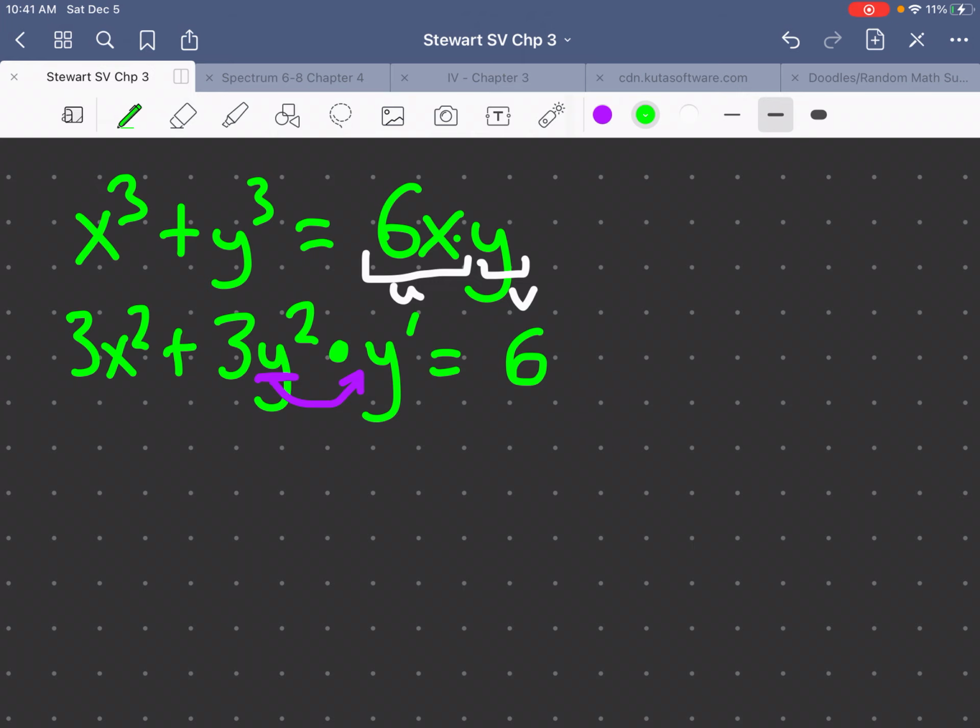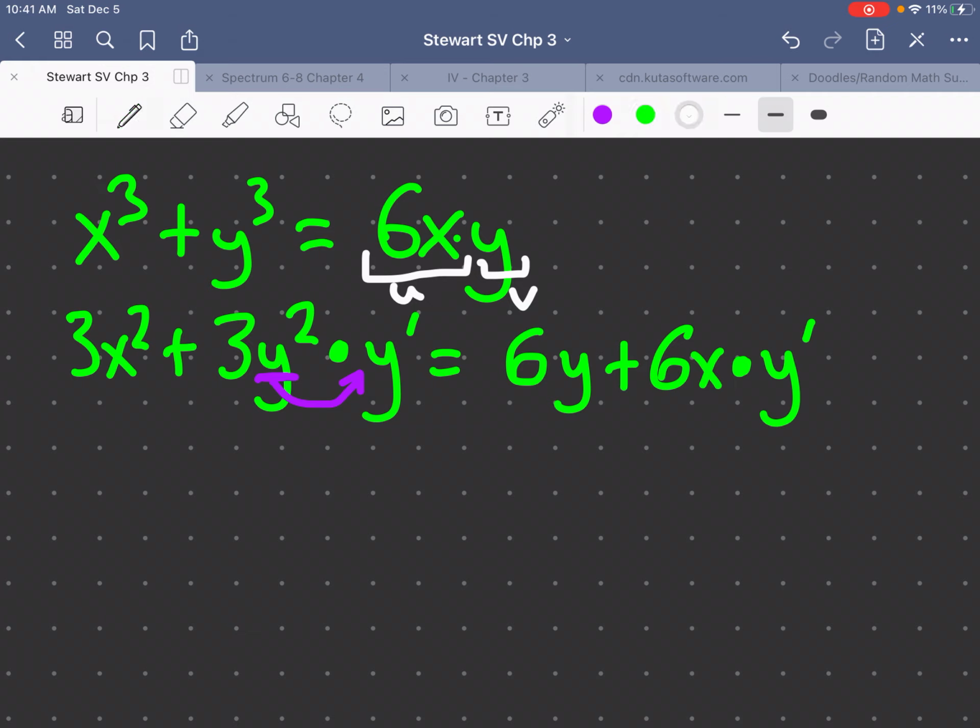So u prime v plus u, 6x, times the derivative of y, which we've already talked about is y prime. You can think of it as being 1 times y prime, but the derivative of just y itself is always y prime. Now, the next thing we want to do is get all of these y primes on the same side of our equation so that we can factor it out and actually get it by itself.